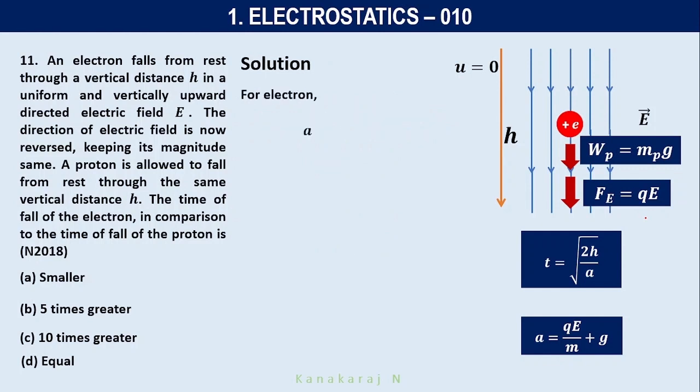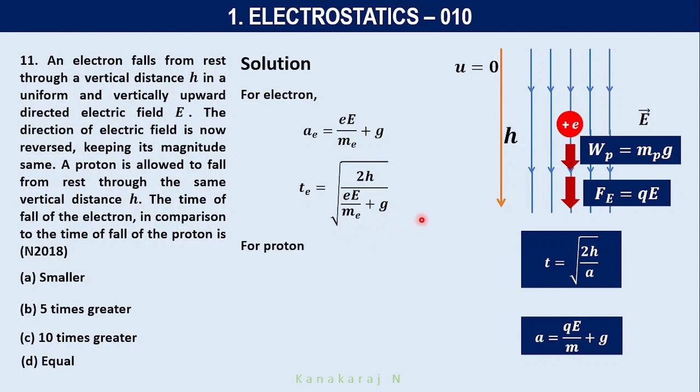For an electron, acceleration of electron equals eE divided by the mass of the electron, plus acceleration due to gravity g. So let us use the time of fall equation. Te equals root of 2h divided by, in the place of acceleration, the acceleration of the electron: eE divided by m_e plus g.